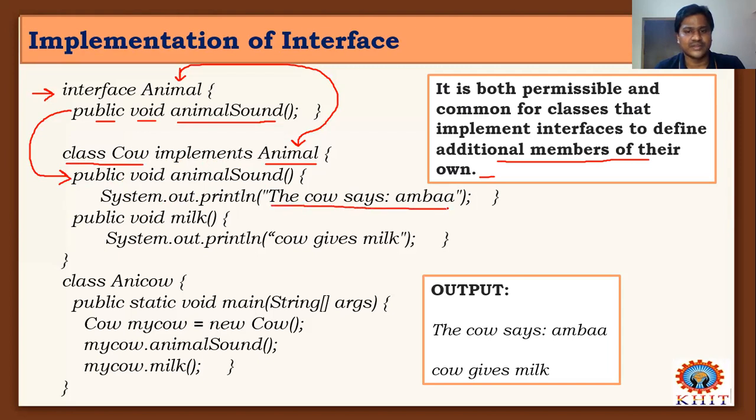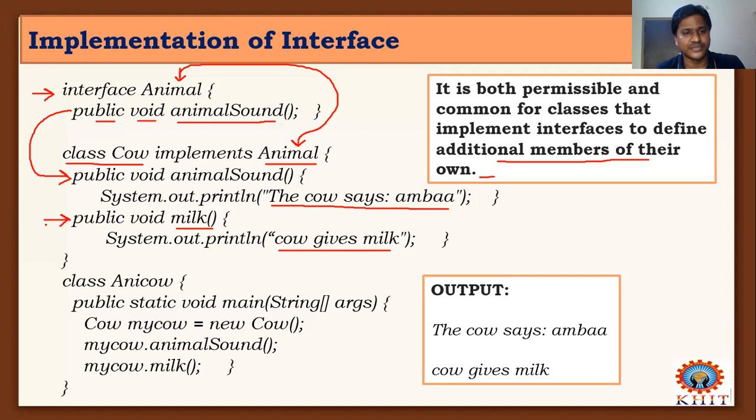Cow says like this: amba. And one more additional method it implements on its own, public void milk. So milk is a method of this Cow; it says the cow gives milk. These are the two methods defined in the class.